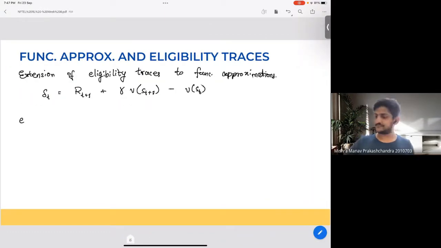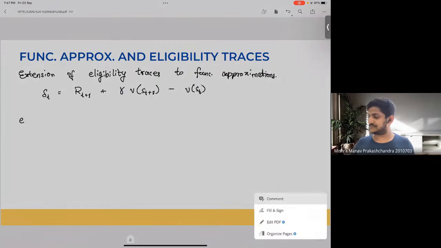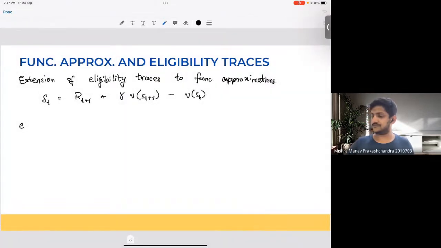If I were to look at its corresponding eligibility trace, it should look like this, plus I'm also taking into account the gradient of the value function that I'm dealing with.